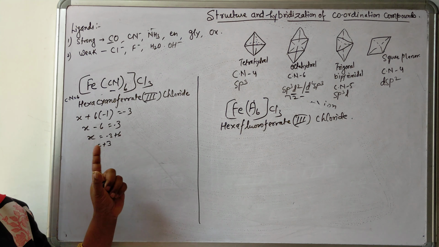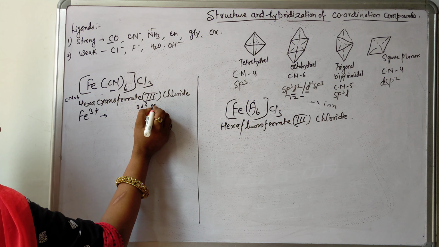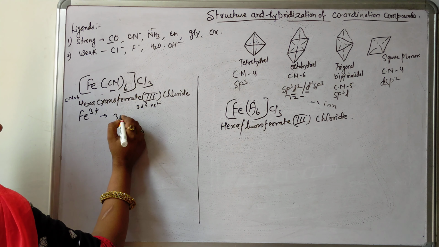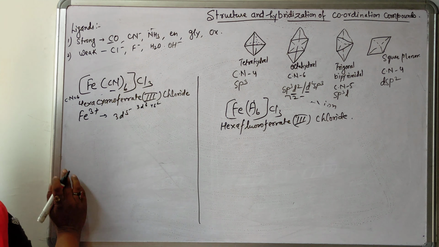Same as the last procedure that we have already done. Fe has oxidation state 3+. Okay. What will be the neutral electronic configuration of Fe? 3d6 4s2. And for Fe3+ how many? 3d5. Okay. 3d, 4s, 4p, 4d.